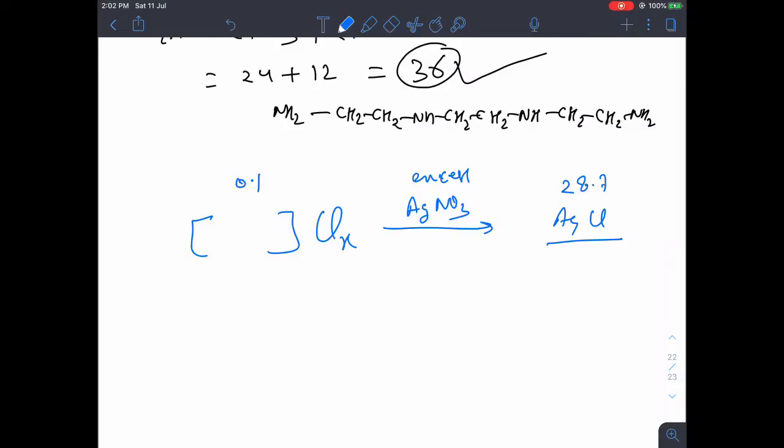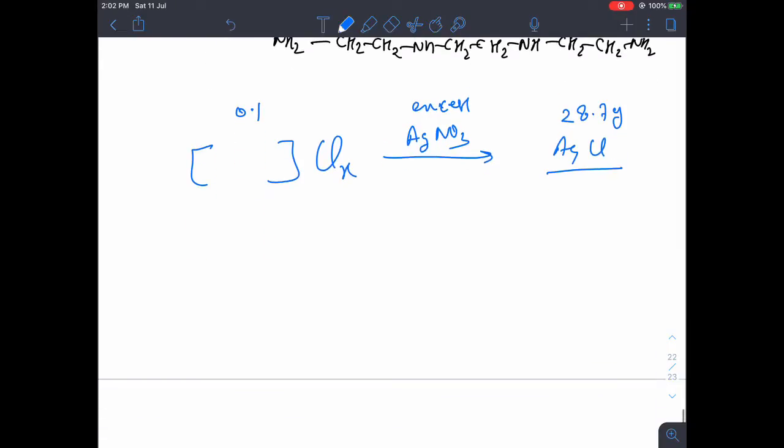So what will be the overall mole? The number of moles of silver chloride is equal to the mass of silver chloride, which is 28.7, divided by the molar mass.